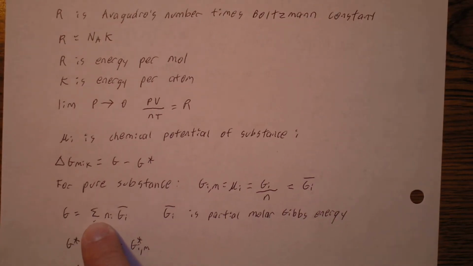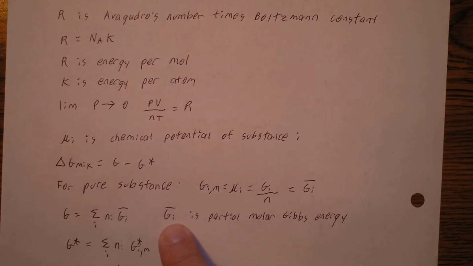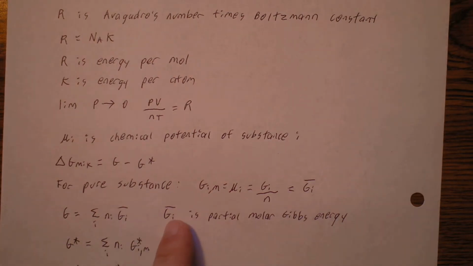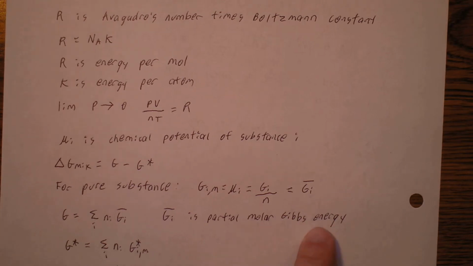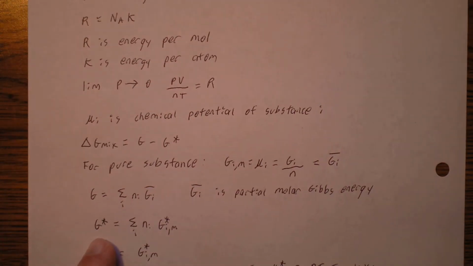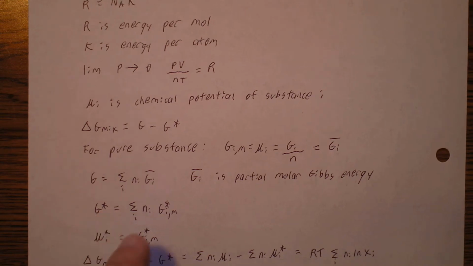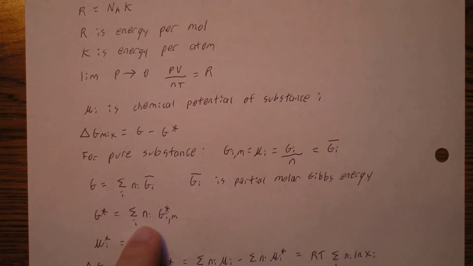Now the Gibbs free energy is equal to the summation over all the substances i of the number of moles of substance i times the partial molar Gibbs energy. So G star, that's the Gibbs free energy unmixed, is equal to the summation over all substances i of the number of moles of substance i times the molar Gibbs free energy of substance i unmixed.